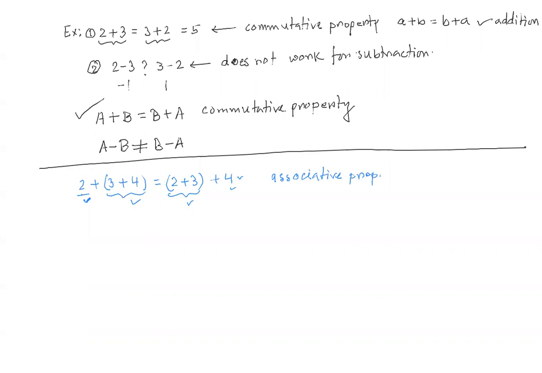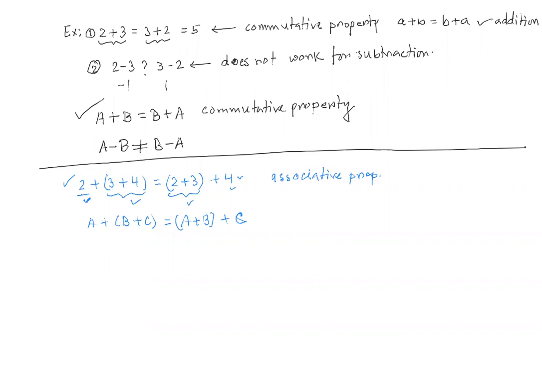For matrices, the associative property holds just as it does for real numbers. A plus B plus C, three matrices you're adding, is the same as A plus B, then plus C. Similarly, you can quickly see that the associative property does not hold true for matrix subtraction.